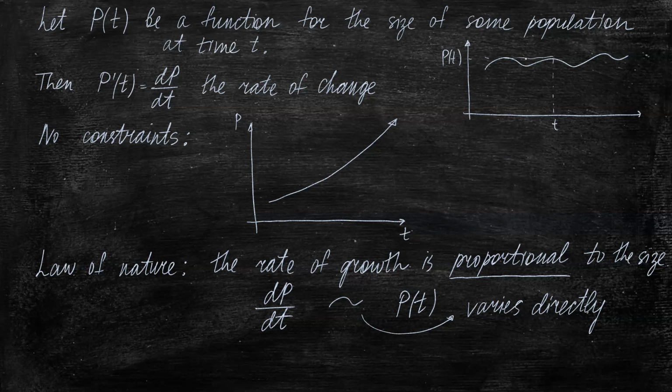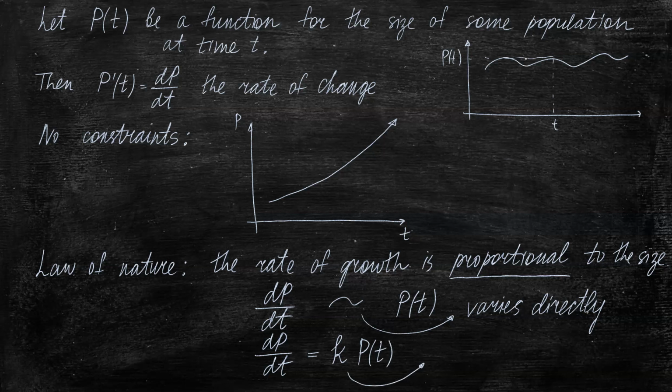And in algebra, we have learned that when two quantities vary directly or are said to be proportional, they can be expressed mathematically as one equals the other one multiplied by some constant.